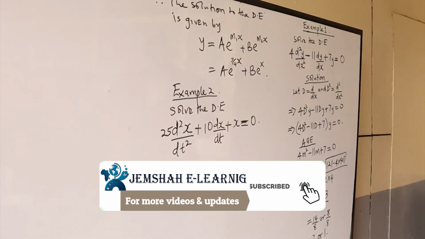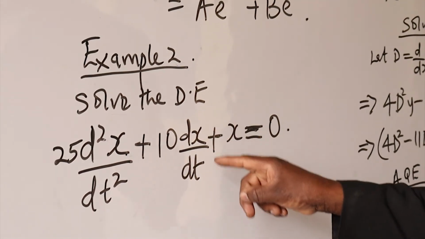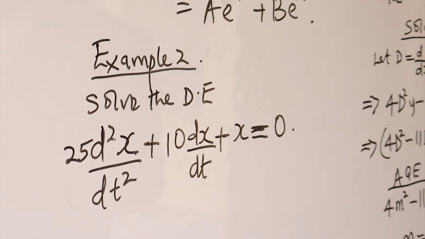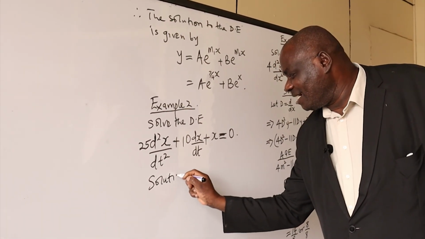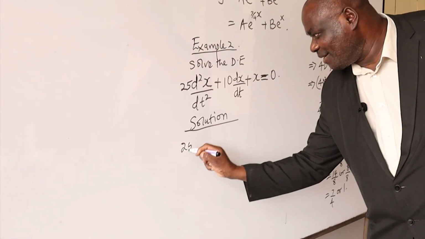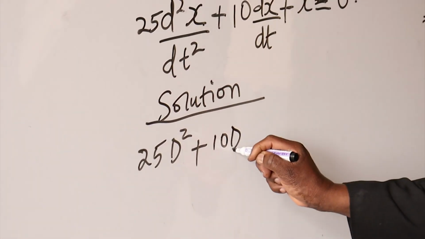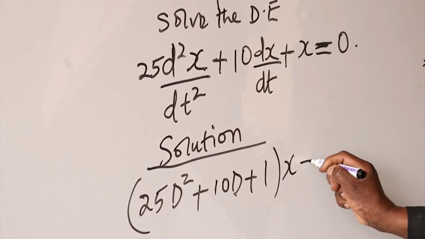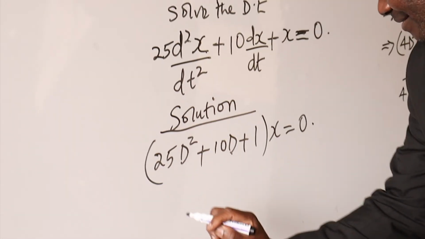Example 2. Solve the DE 25 d squared x dt squared plus 10 dx dt plus x is equal to 0. In our solution, this can be written as (25D squared plus 10D plus 1) multiplying x, which gives 0.